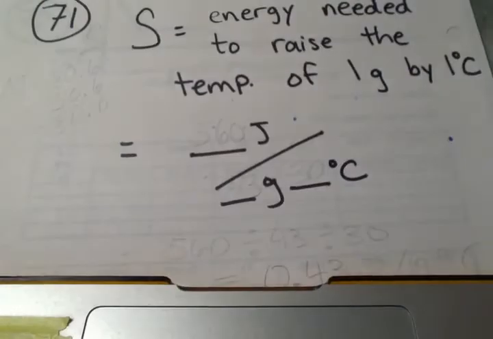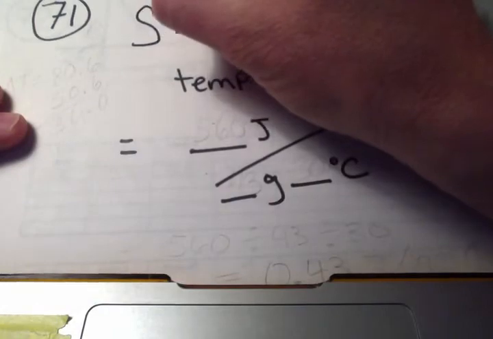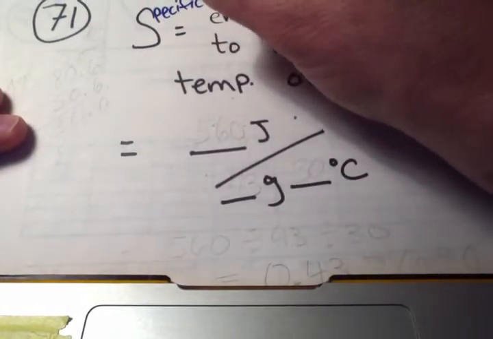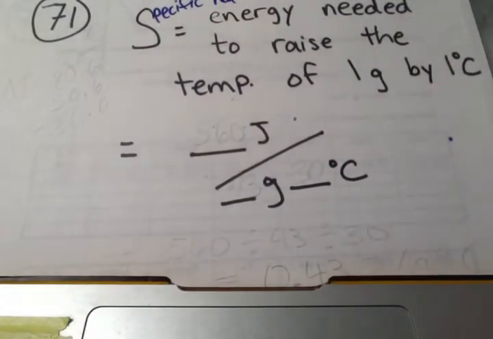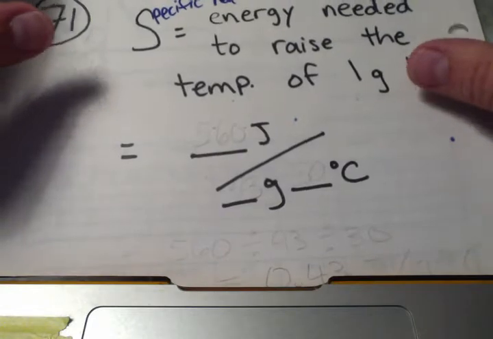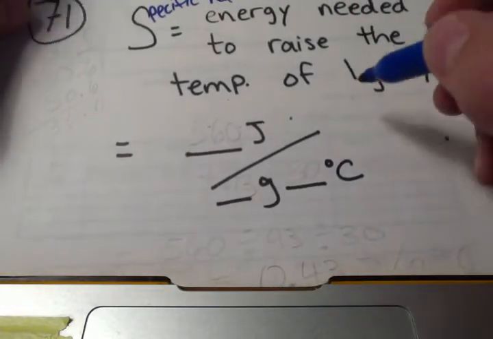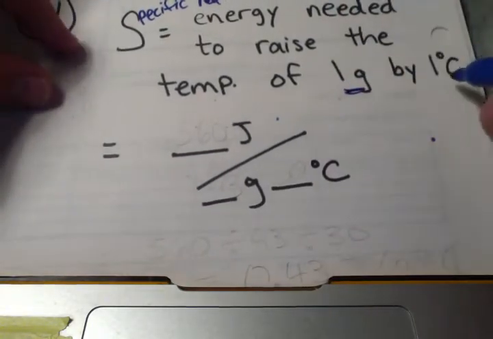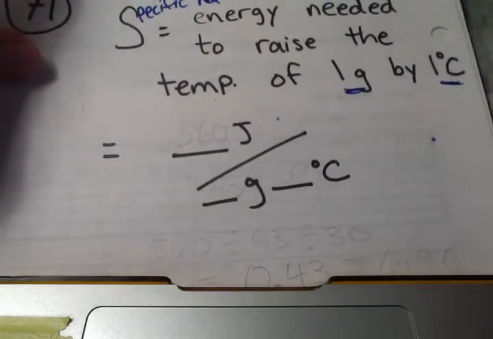Okay, what do we got here? Goodness gracious, specific heat. Okay. Yes, I'm going to cook something. I don't want to change its phase. I just want to cook it. I just want to make it hot. I just want to make 1 gram of it, a little tiny bit, go up a little tiny bit.